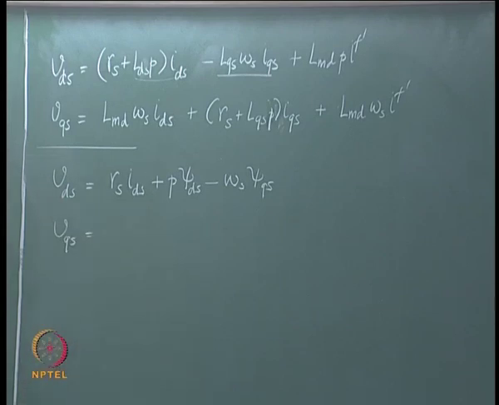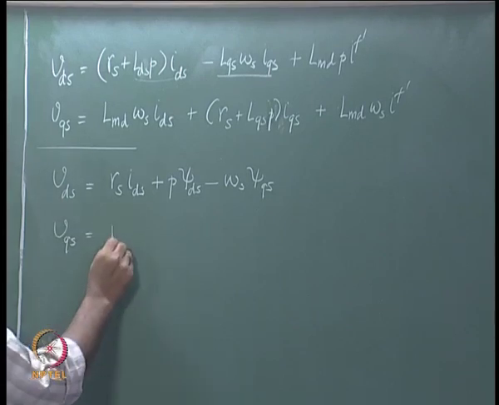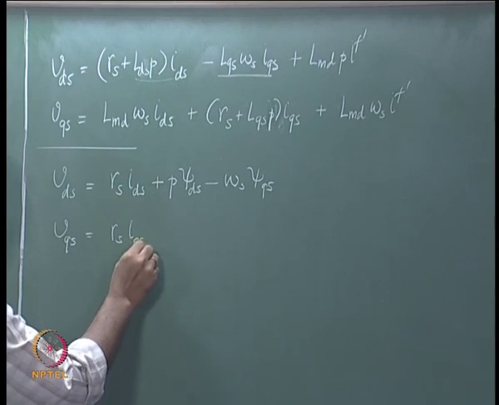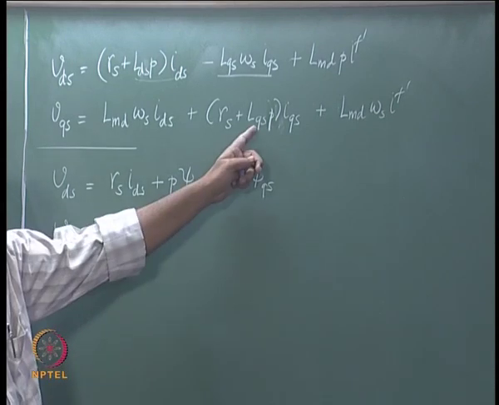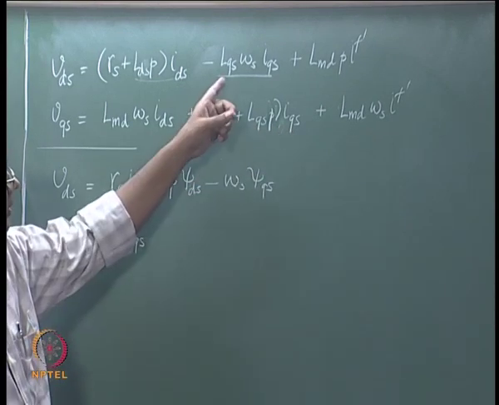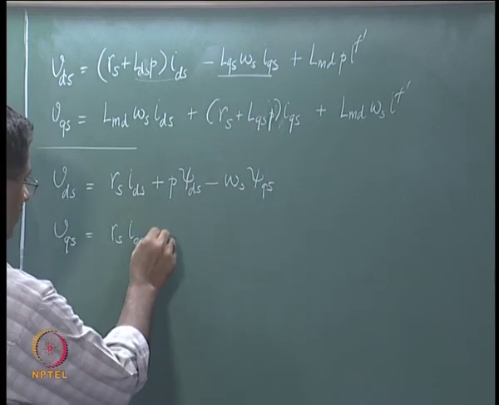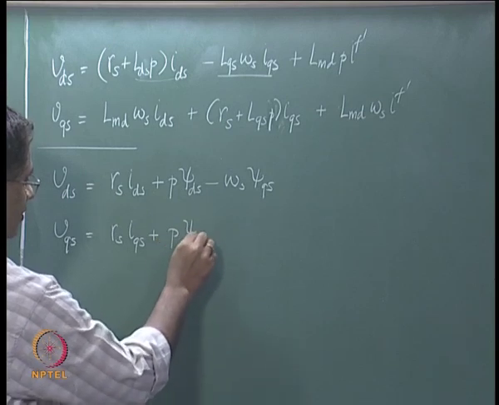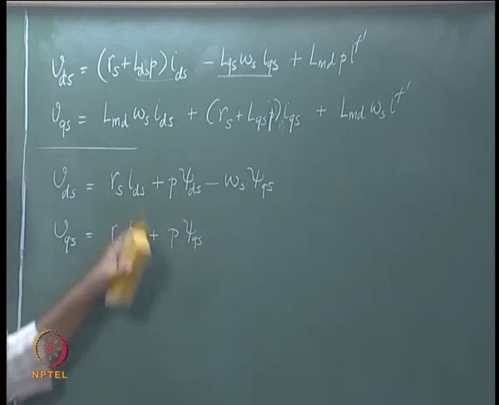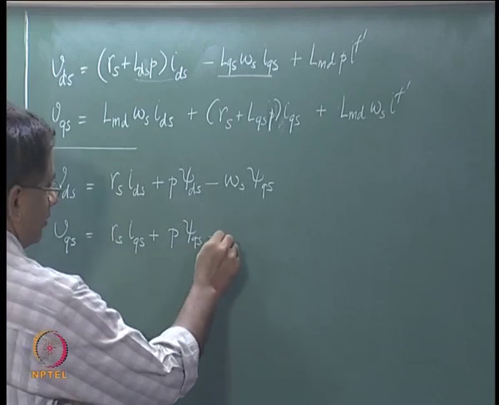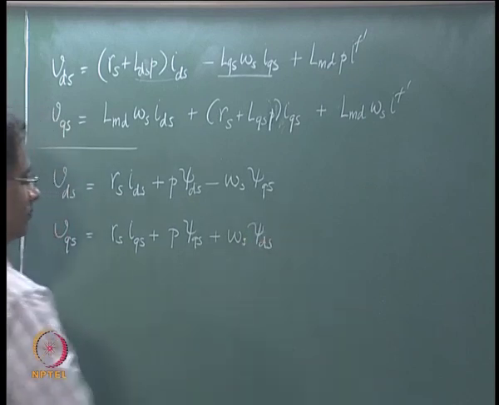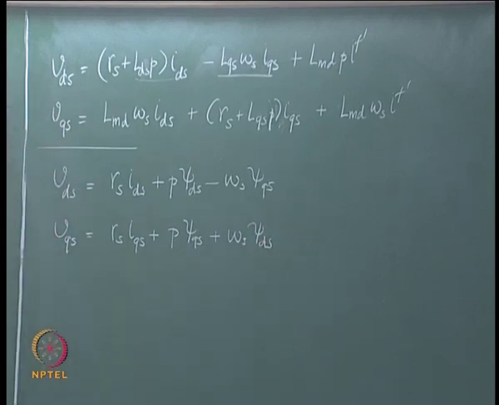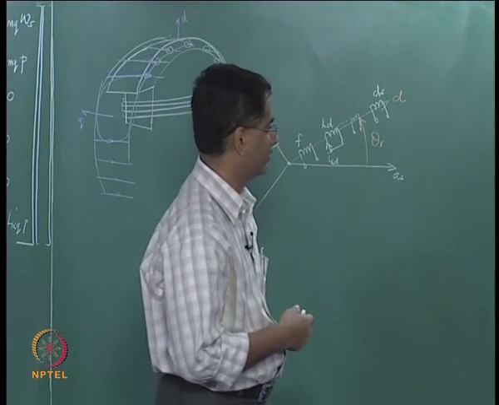and then we write the expression for VQS, that is again Rs into IQS, and then you have LQS IQS, which is nothing but therefore P times psi QS, and then you have omega s times psi ds. So, this is a simpler representation of the machine equation represented by flux variables.